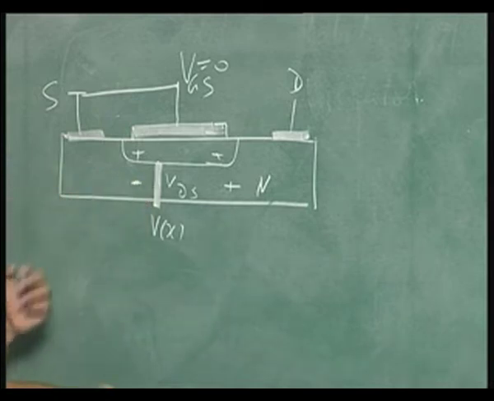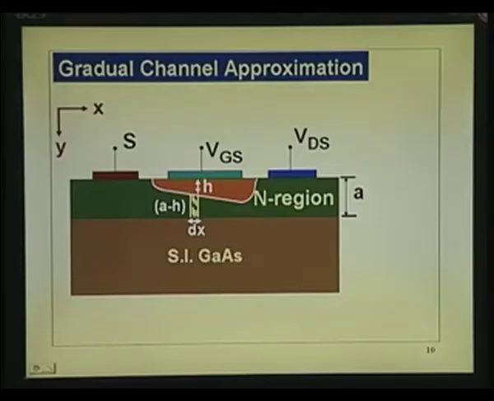In general, if I apply VGS to the gate, the potential drop across the source region is equal to VBI minus VGS, at this point it is equal to VBI minus VGS plus V of x, and at this point it is equal to VBI minus VGS plus VDS. We are neglecting that drop. So, there is one simplification which Shockley did.